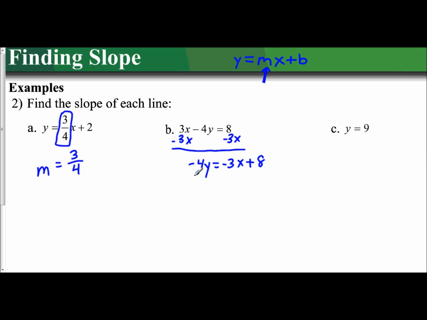And then I'm going to divide every number by negative 4. And so I get y equals, a negative divided by negative is a positive, so I get 3/4 x, and 8 divided by negative 4 is negative 2. And so my slope here is 3/4.